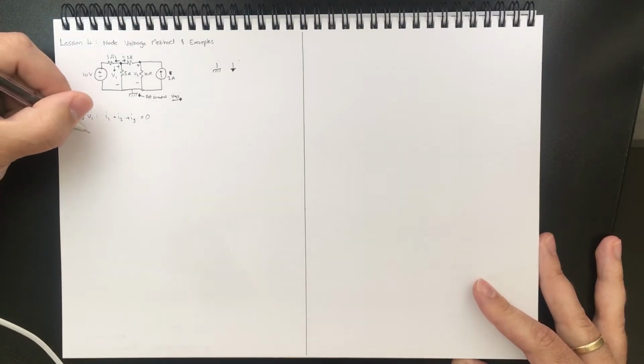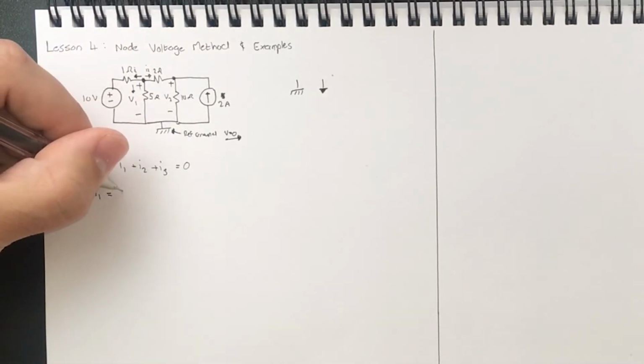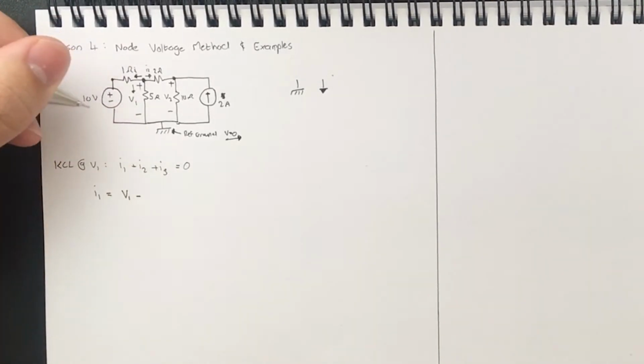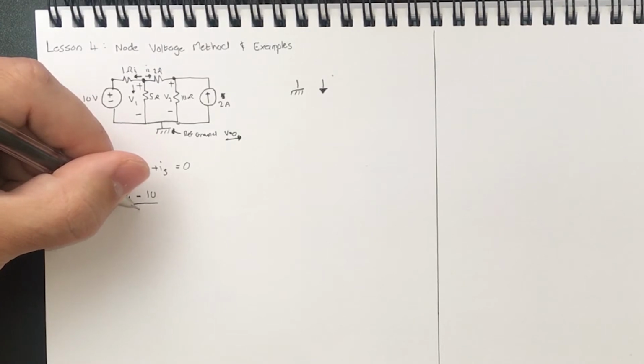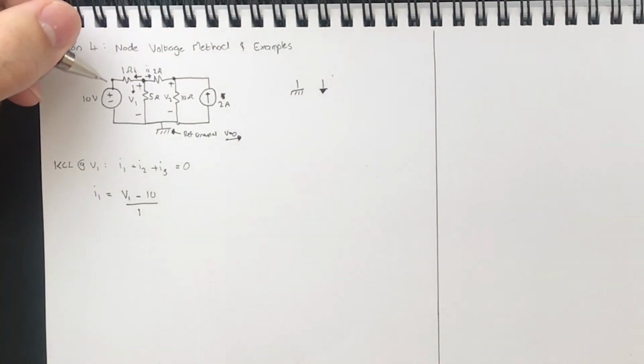Now what is I1? I1 is the voltage V1 and the voltage drop from this point to this point, so V1 minus 10 over the resistance. So that is the current I1 flowing from this point to this point.